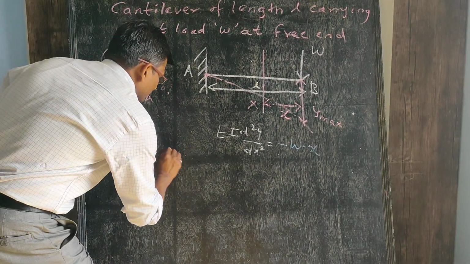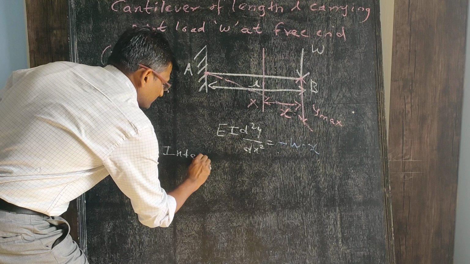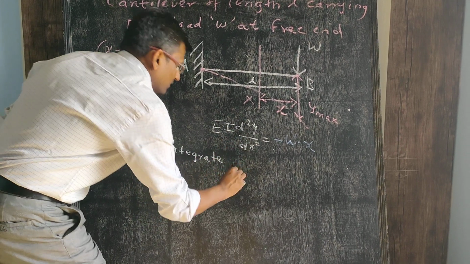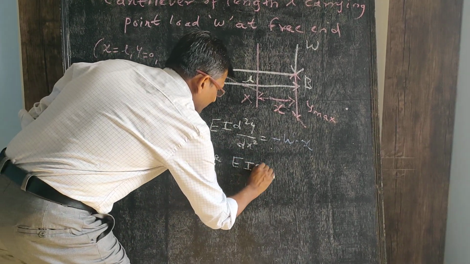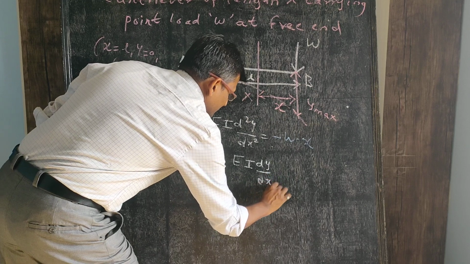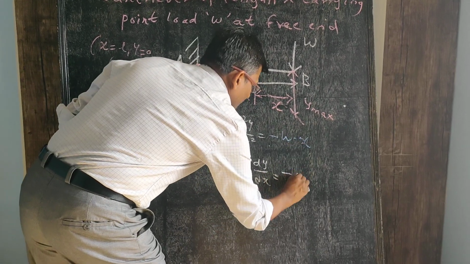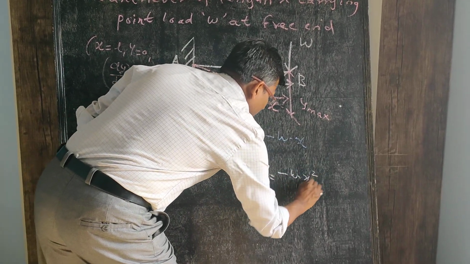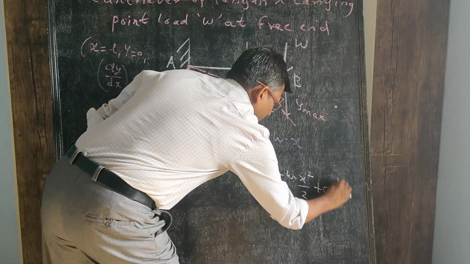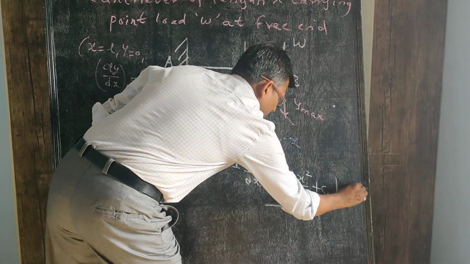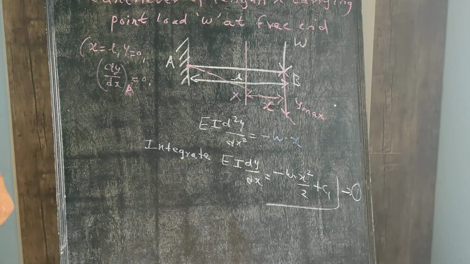Integrate this to get the slope equation. It will be EI dy by dx is equal to integration of x, which is x square by 2, plus C1. C1 is the constant of integration. Let it be equation number 1.